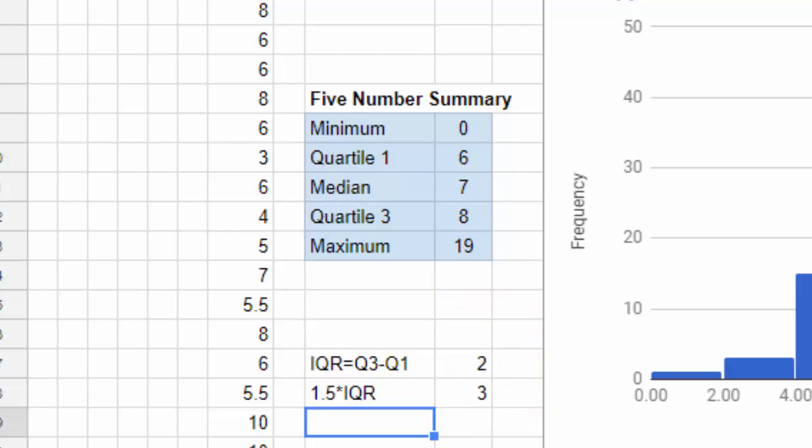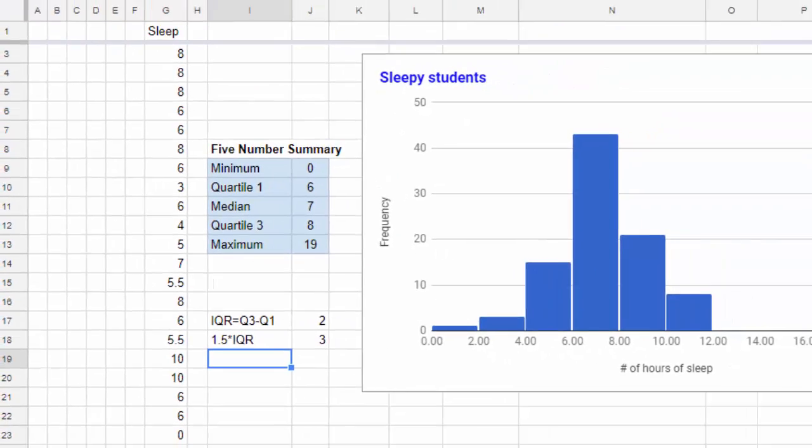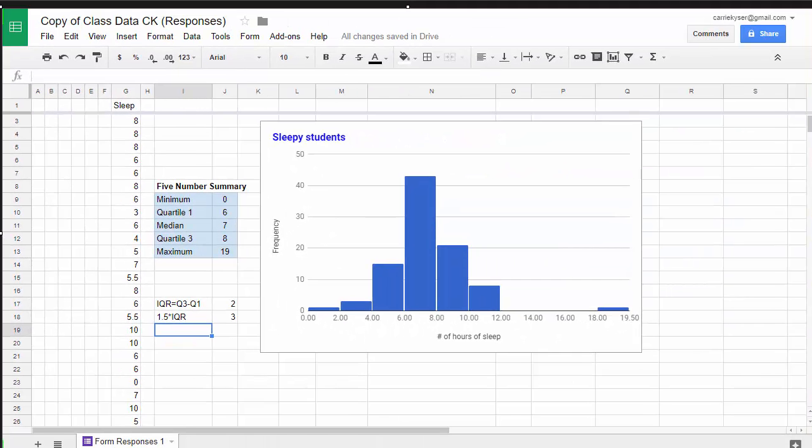And then what they do is they say, all right, after you take 1.5 times the IQR, go out that distance from the first quartile and the third quartile. Let me show you what I mean. So the first quartile is 6.